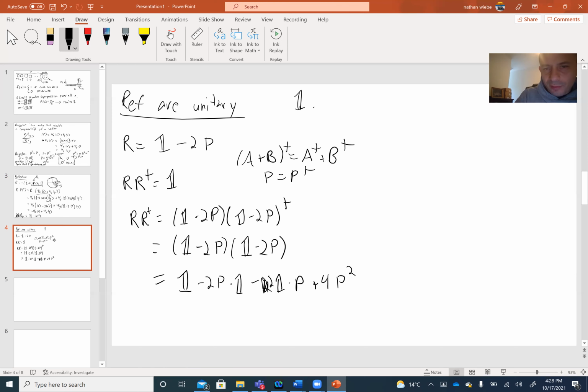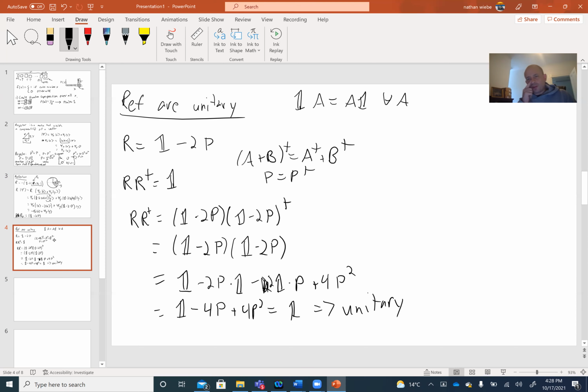So identity times A is equal to A times the identity for all matrices A. So therefore, this is equal to identity minus 4P plus 4P squared, which equals identity. And this implies that it's unitary. Wonderful. So every reflection operator is by necessity a unitary operation.